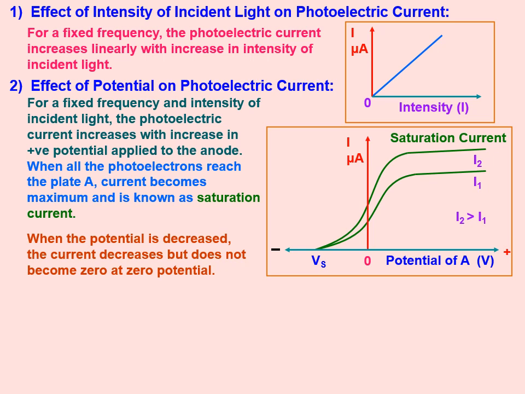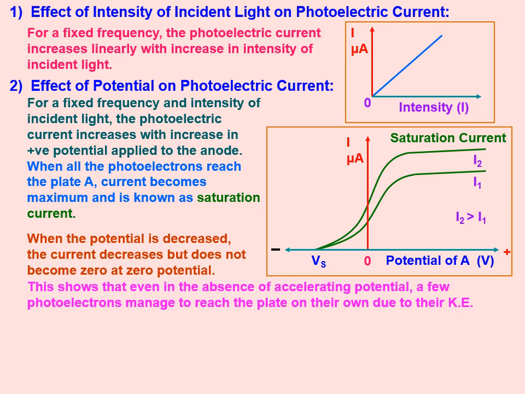So when the potential is decreased, the current decreases but does not become zero at zero potential. As you can see in this graph also, at zero potential there is some small amount of current present. Current will not become zero at zero potential.